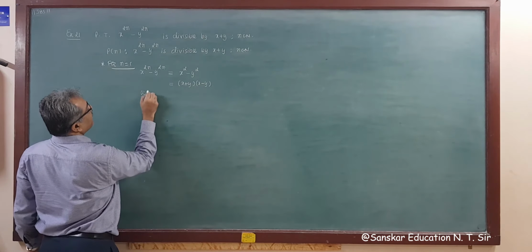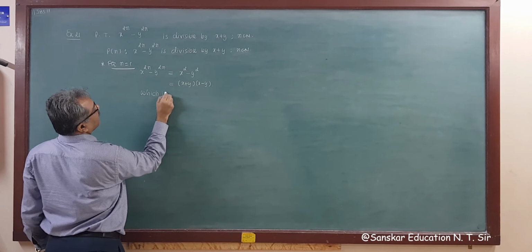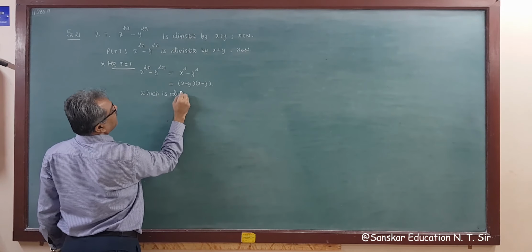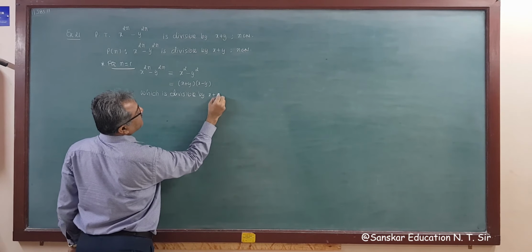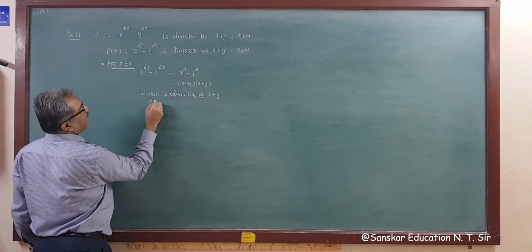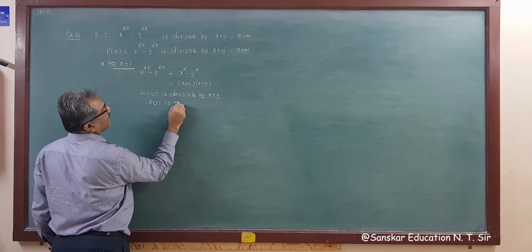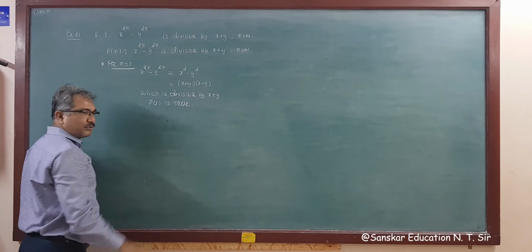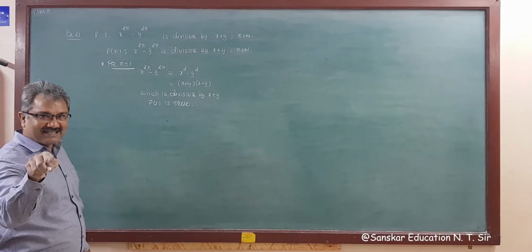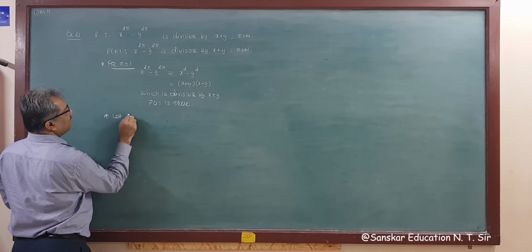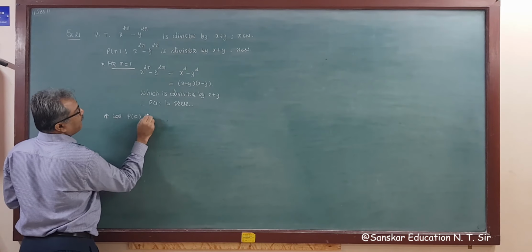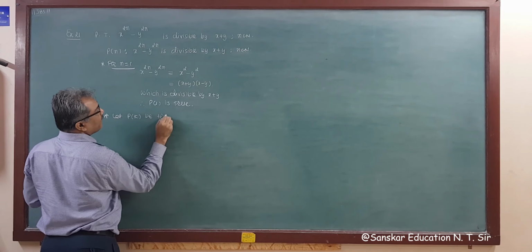So which is divisible by x plus y, that is P1 is true. P1 is true. Next step, let Pk be true. So let Pk be true.